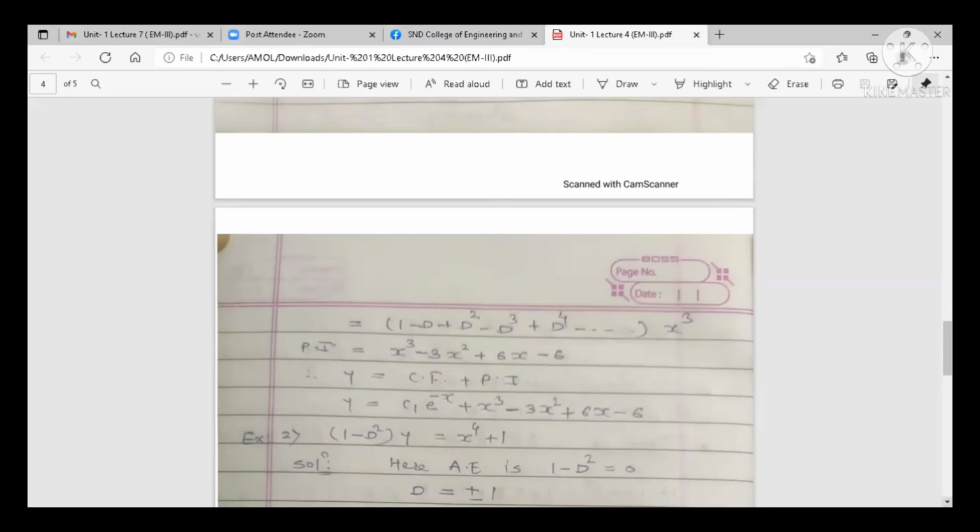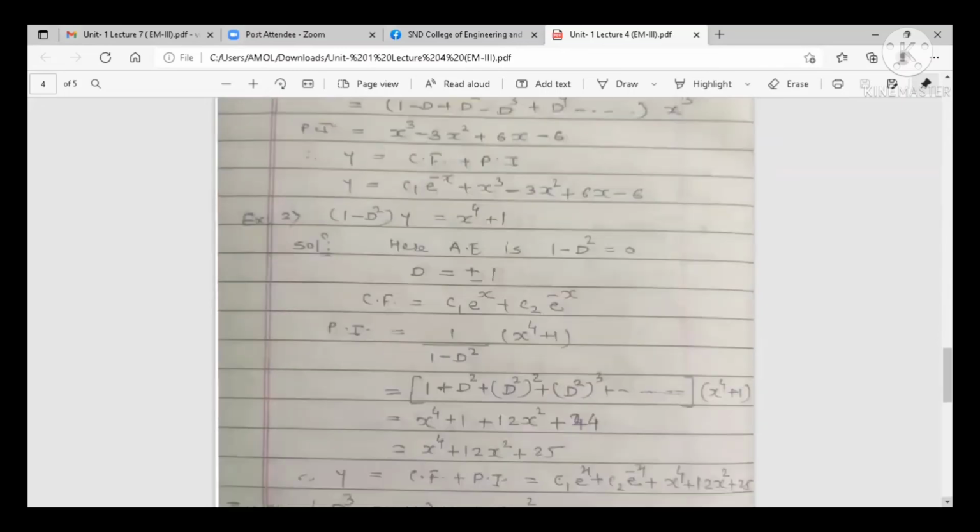Now, the next example is here. Next example: (1 minus D square) into y is equal to x raised to 4 plus 1. It is the reduced form of LDE, phi of D into y is equal to f of x. So your auxiliary equation is 1 minus D square is equal to 0.